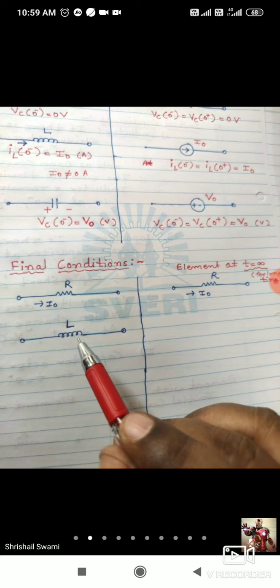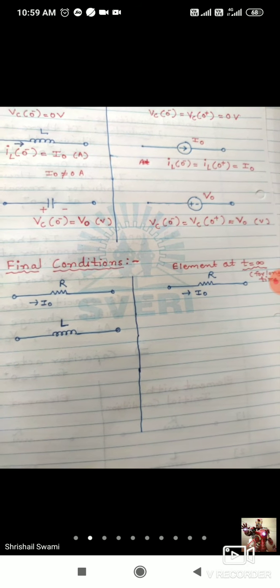So if the inductor is remaining at the same position for a long time, then what will be the changes in the diagram? In that case the inductor acts as a short circuit. एक प्रॉब्लेम सॉल्व केलं होतं बघा, आठवते का बघा. The switch was at position A for a long time, असं एक प्रॉब्लेम सॉल्व केलं होतं.